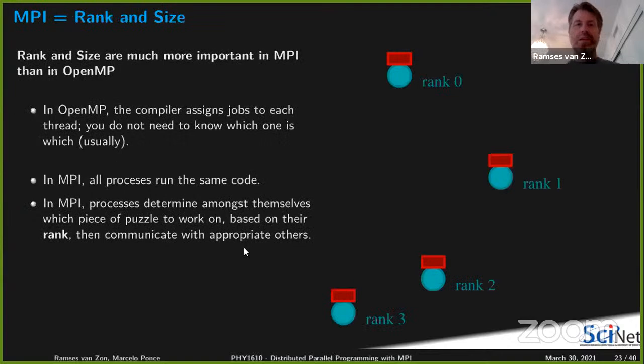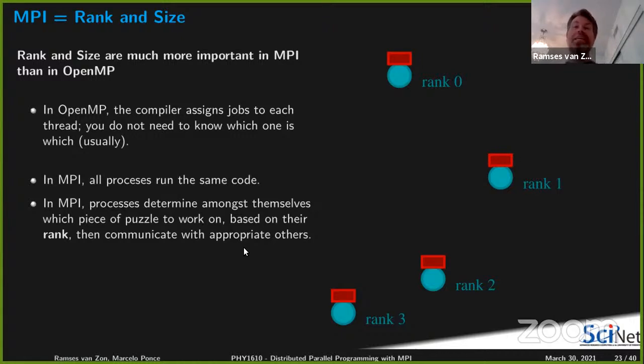Rank and size are extremely important, more so than in OpenMP, where we can ask for the thread num and the num threads. Yes, it's similar, but in OpenMP, there are ways to distribute work in a for loop without having to know how it's done. We don't have to know which iterations go to what thread.